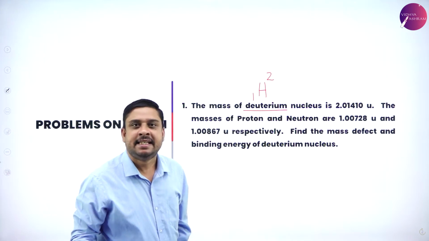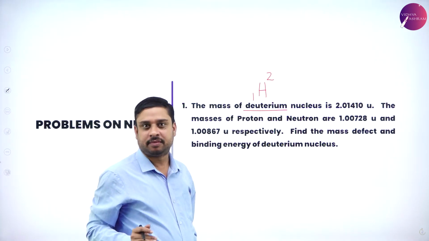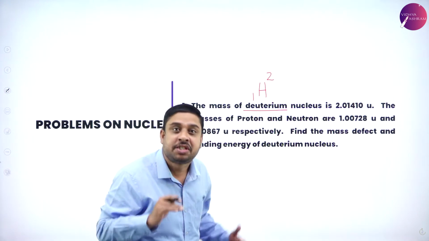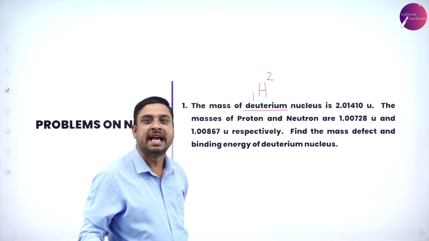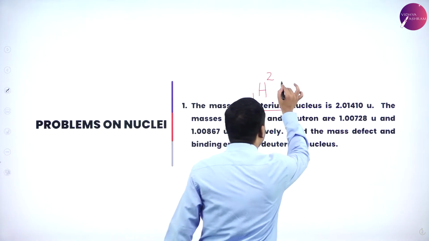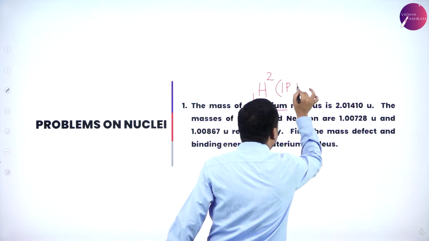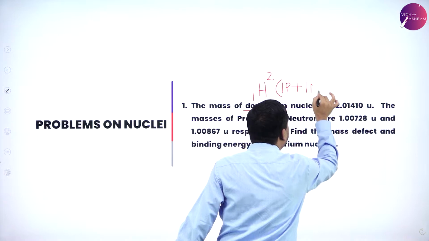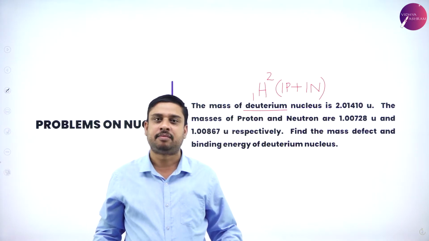1 is the atomic number, the charge number, and 2 is the mass number, which means deuterium has 1 proton and 1 neutron.